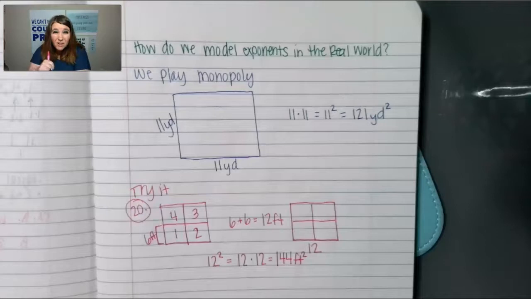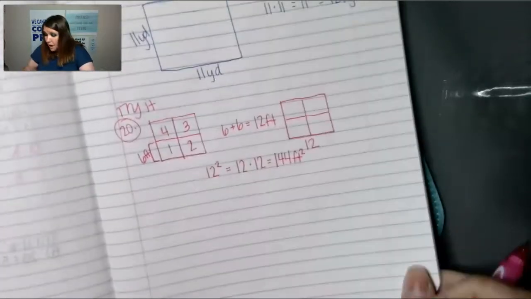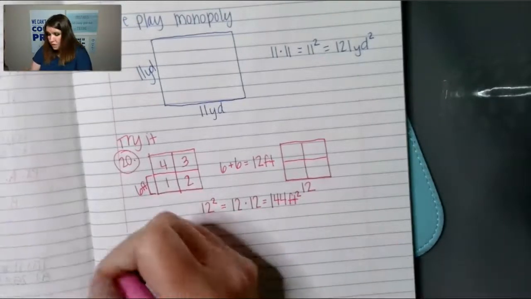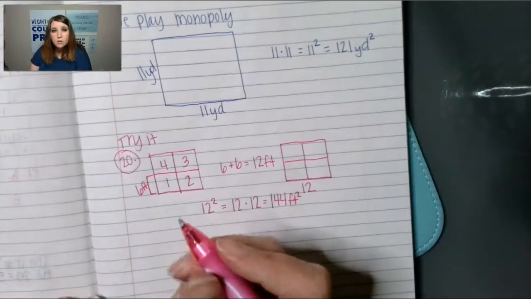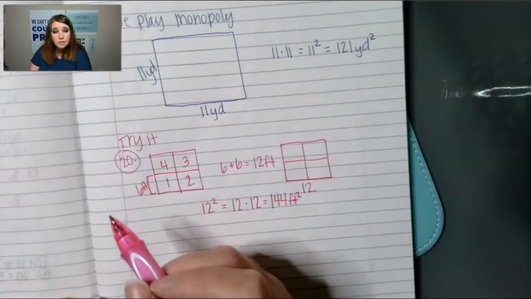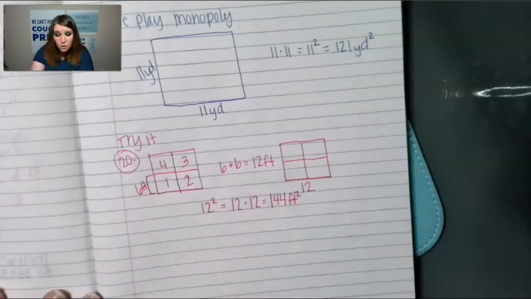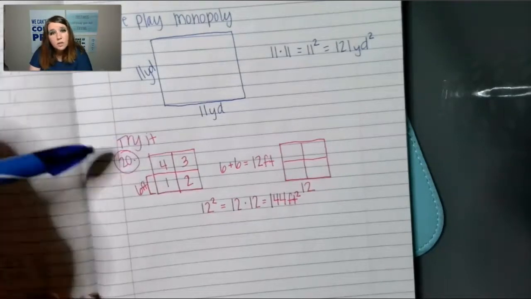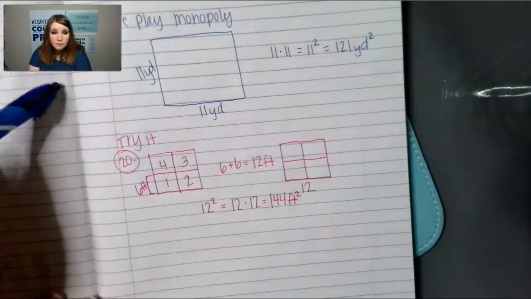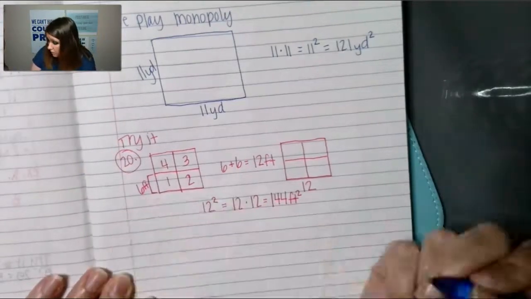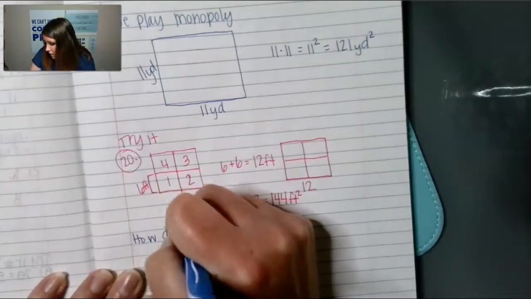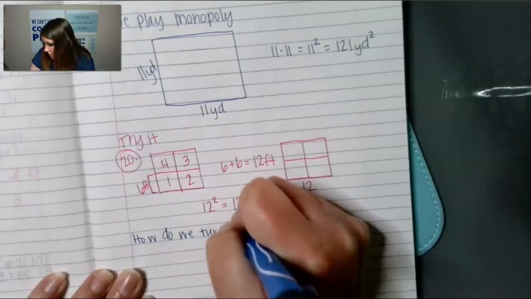Now I want you to go back, and at the very end of this, I want you to tell me in your own words, how do we turn factors into exponents? And I want you to identify any areas that you still need to study for your quiz, and anything that you still have questions on so that you can ask for help tomorrow.